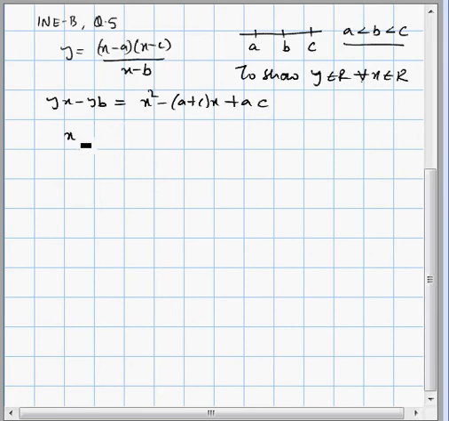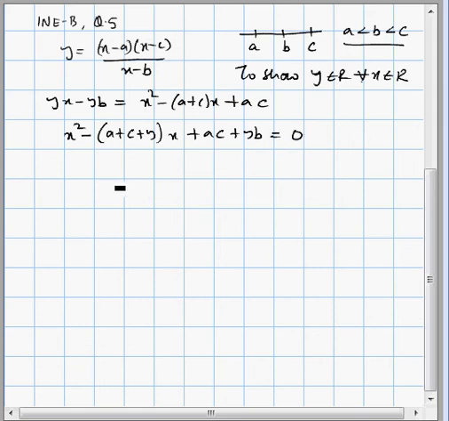Now express in quadratic form: x square minus (a plus c plus y) into x plus ac plus yb equals 0.